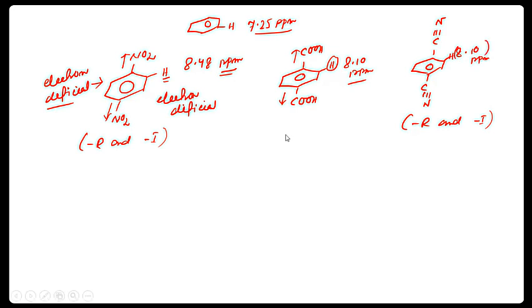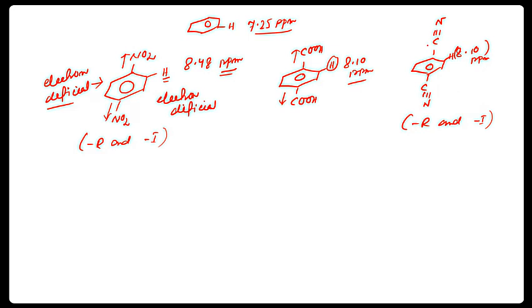So if somebody asks, can you make a comment on COOH and CN functionalities from this NMR value? Yes, of course we can. Look at the value 8.10, 8.10, which means the acid group and cyano group are equally electron withdrawing.